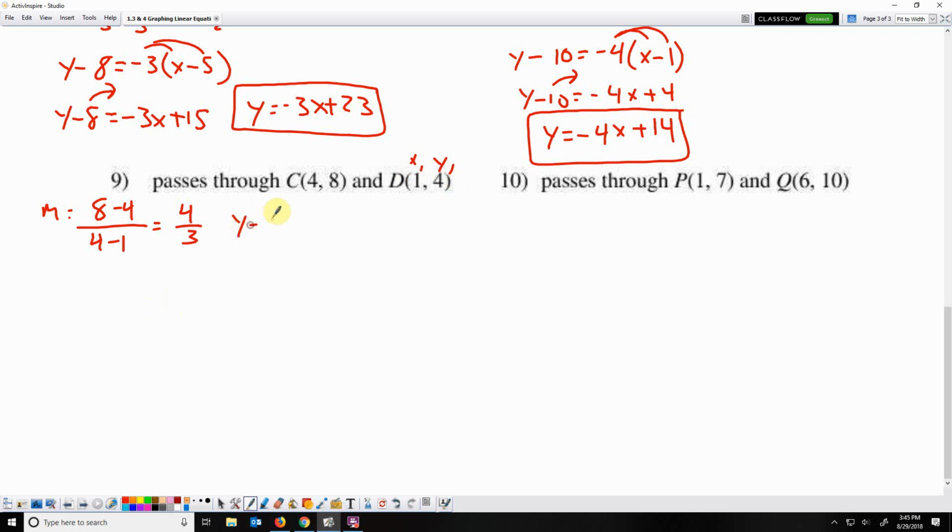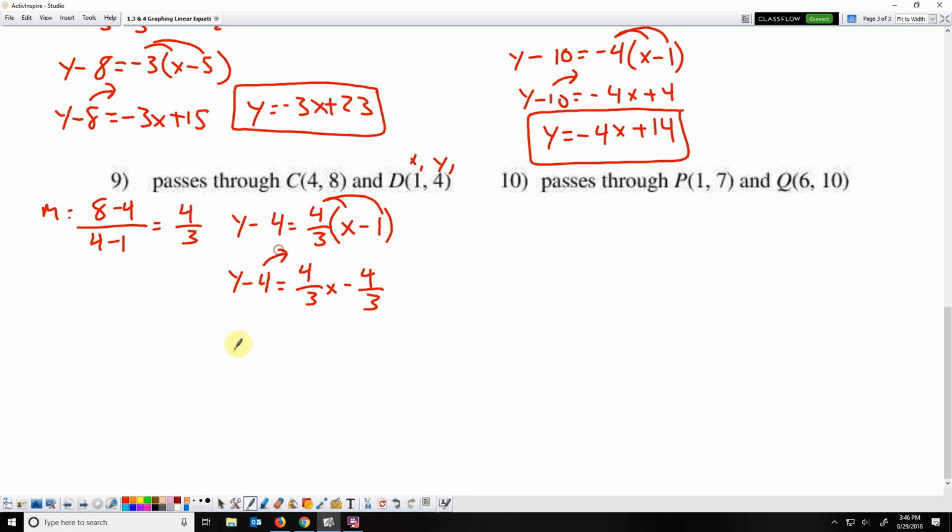So I have y minus y1 equals m times x minus x1. So we'll distribute that 4/3. Remember, it does not matter if I use point C or D as my x1, y1. They will simplify the same. 4/3 x minus 4/3.